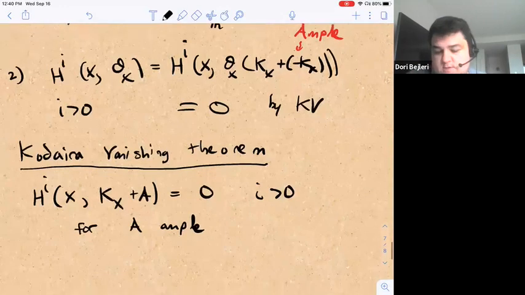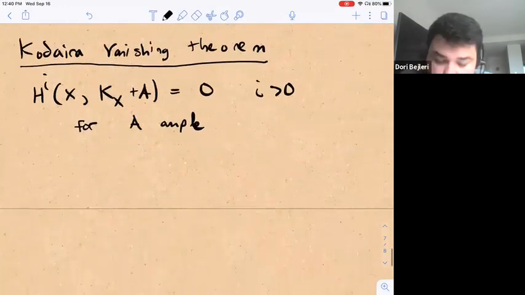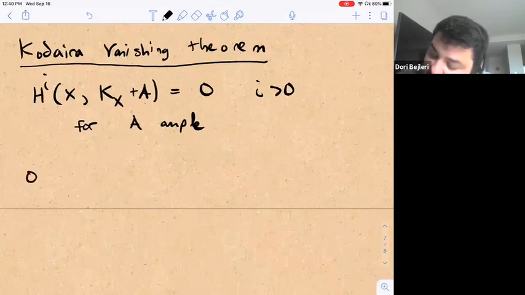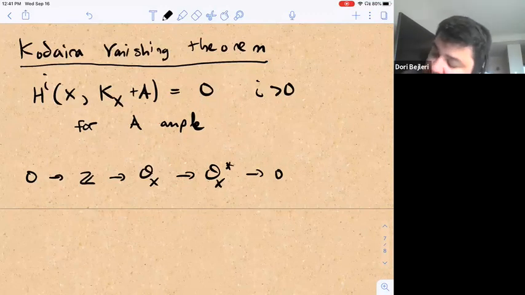Okay. And now we can use these to compute the Picard group. So we have this exponential sequence. This is some sequence of now analytic sheaves, so we're using the analytic topology.